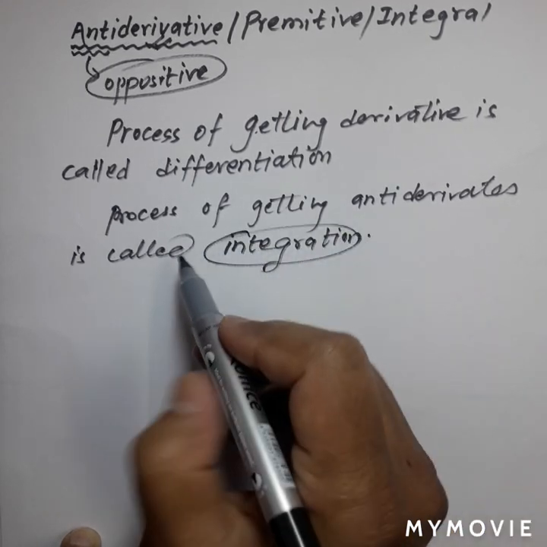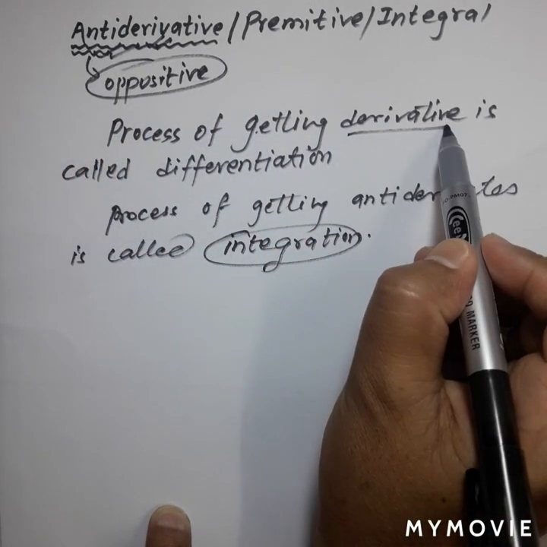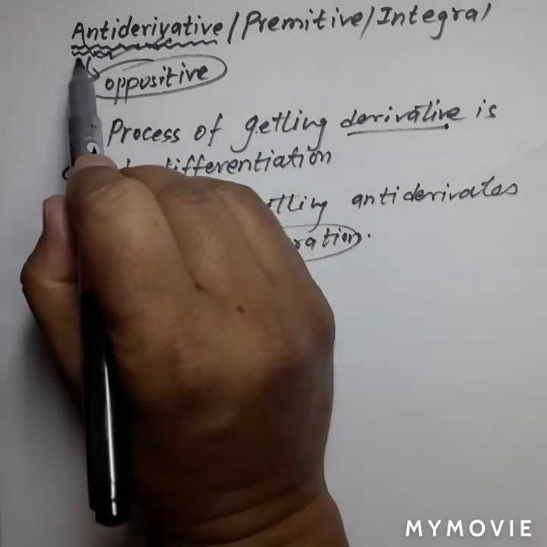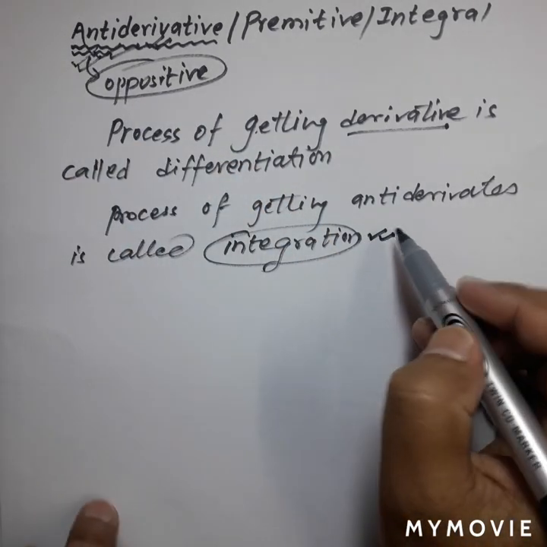Okay, this is the process. Antiderivative means opposite of derivative, and the process of getting antiderivative is known as integration.